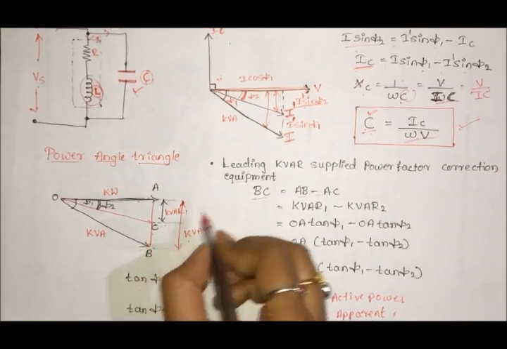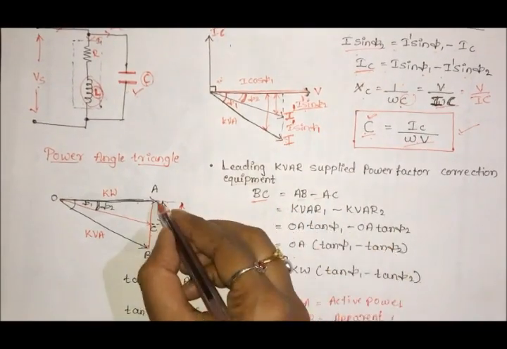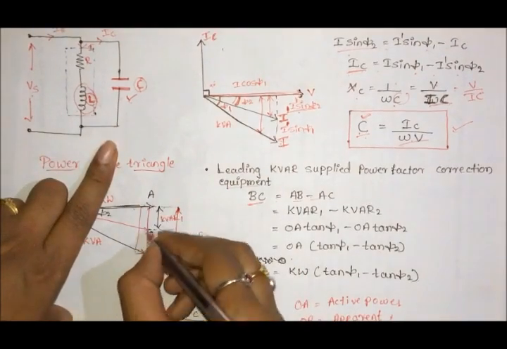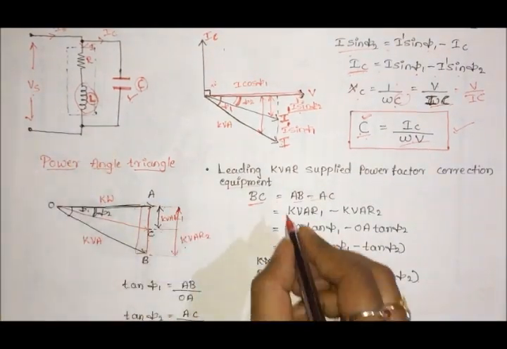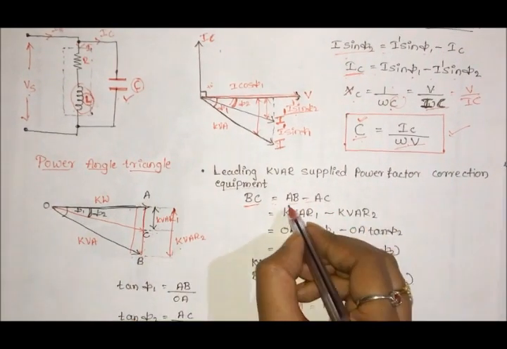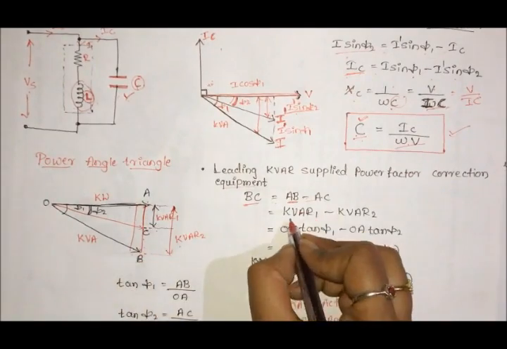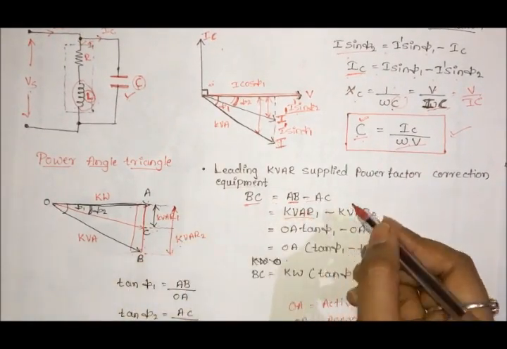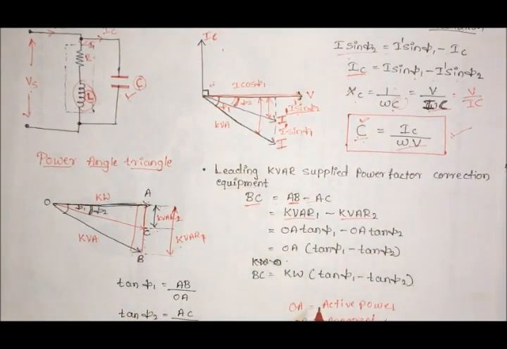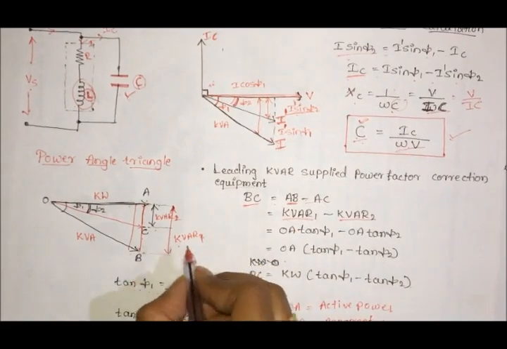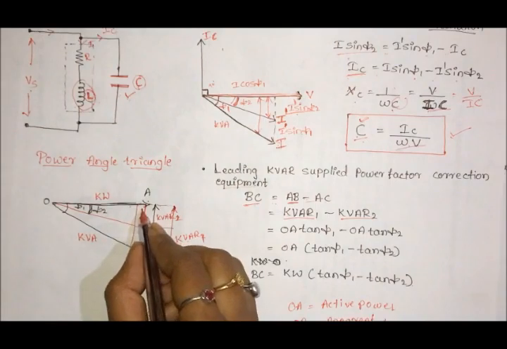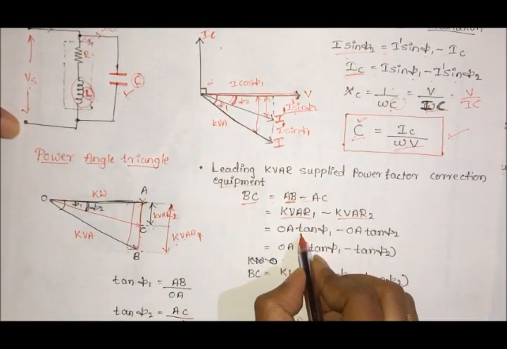So BC is equal to AB minus AC. This is the whole AB minus AC. What will I get? I get how much reactive power we have reduced. This AB, name it kVAR 1, and this you can name kVAR 2. So kVAR 1 is nothing but OA tan phi 1.